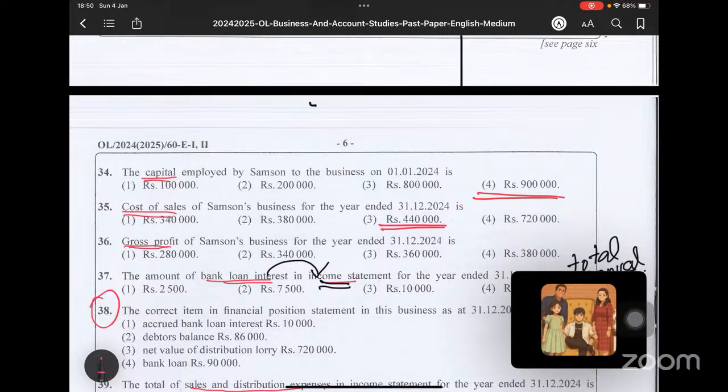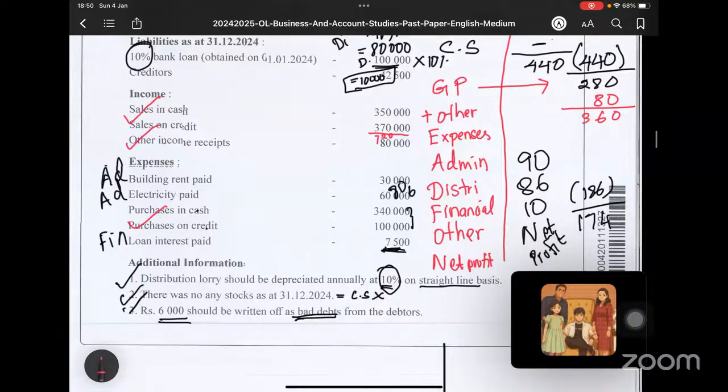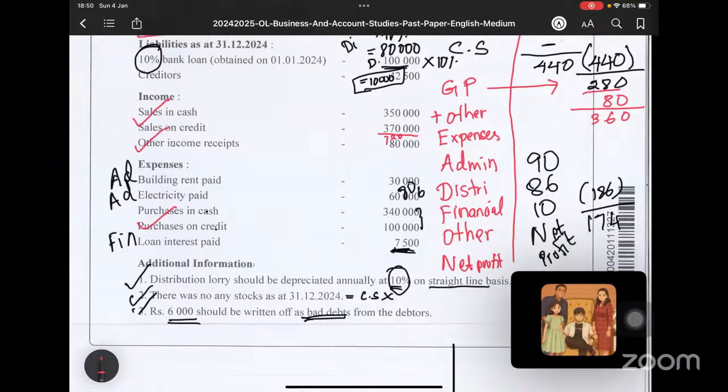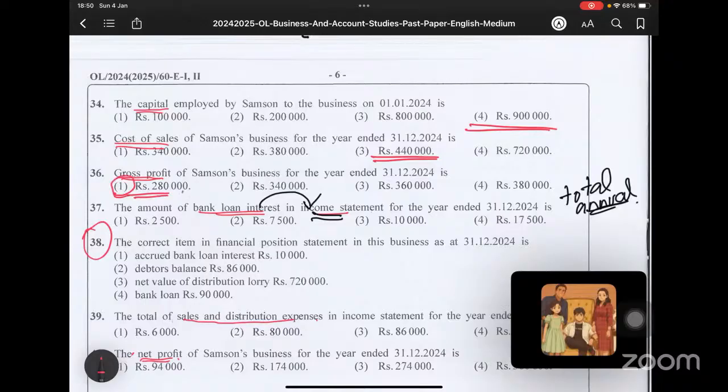So what is the gross profit that we found? 280,000. Any questions so far? No, right? No, miss. Okay. The amount of bank loan interest in the income statement for the year ended 31st December 2024 is. So how much did we record inside the income statement? 10,000. Good.